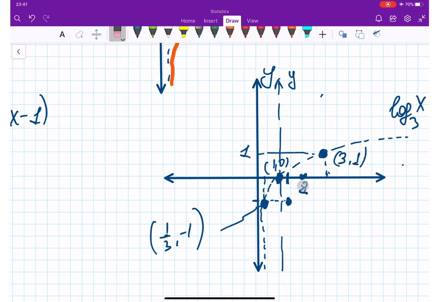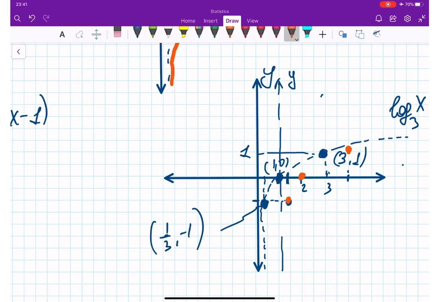So 3 and 1 is going to be 4 and 1, like this. So 1 is this point here, and then the other one is going to be this point and then this point.